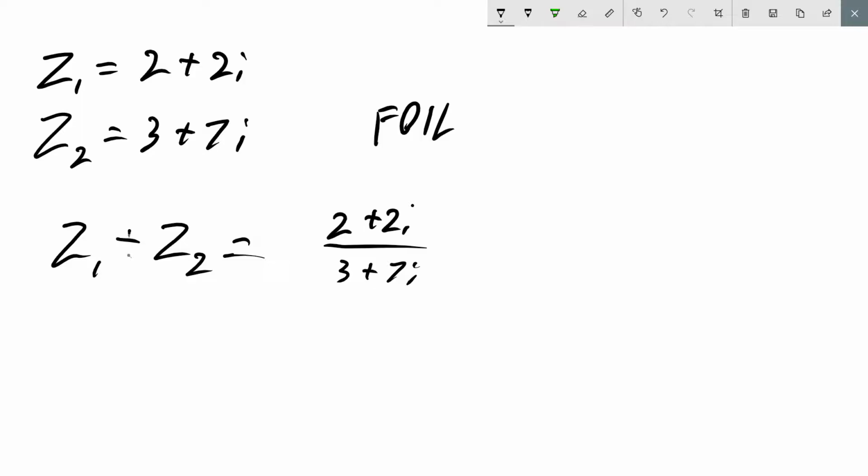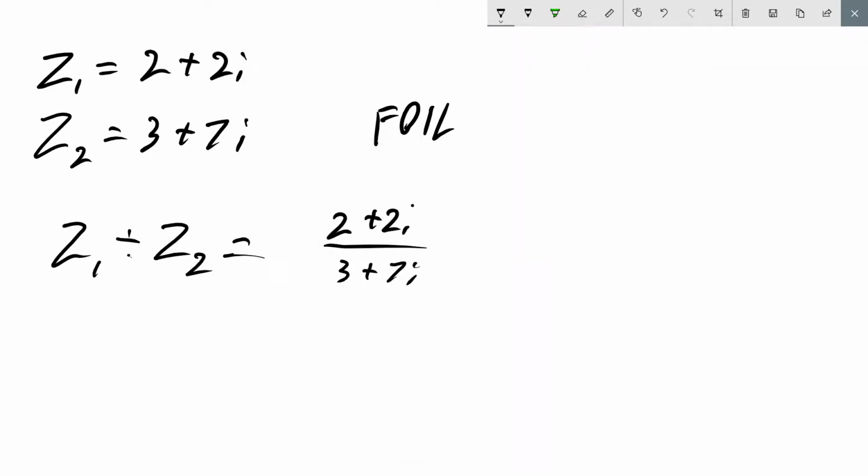So we can't have an i on the denominator, because if we wanted to find the coefficient of i, or if we wanted to solve for x and y, referring back to the definition of the complex number, we can't do it if it's in this fraction form.